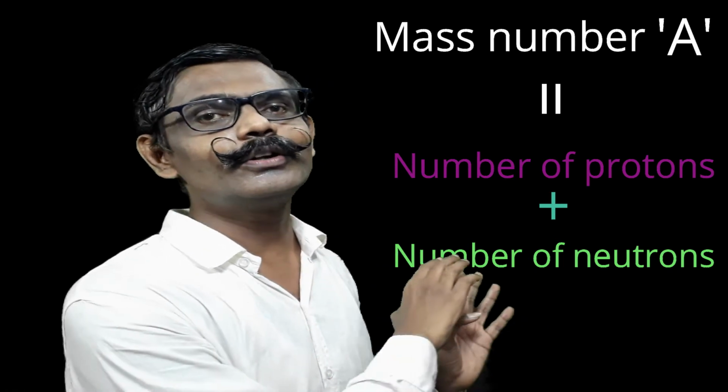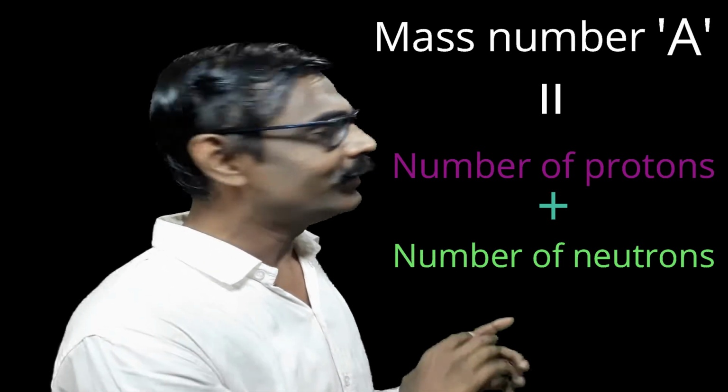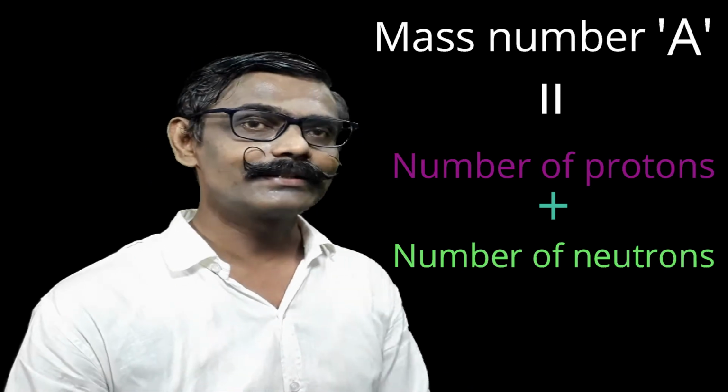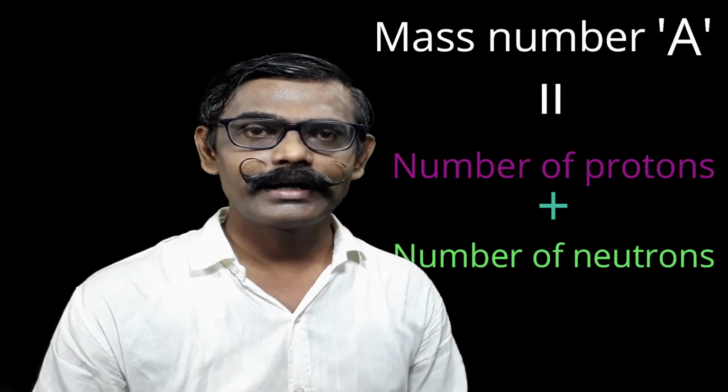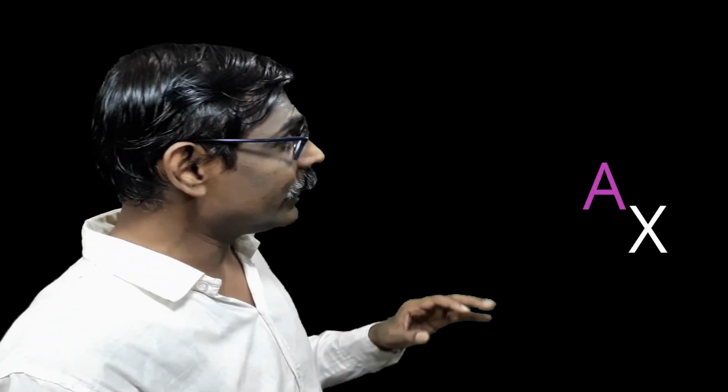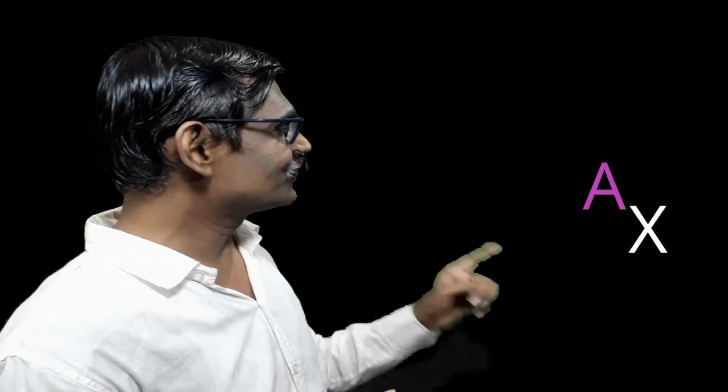The number of nucleons, protons and neutrons, is called the mass number, represented by capital A. In elemental representation, it is written as a superscript on the left side. If I consider X an element, then its mass number will be on the left side, as a superscript. Is the mass number point clear?